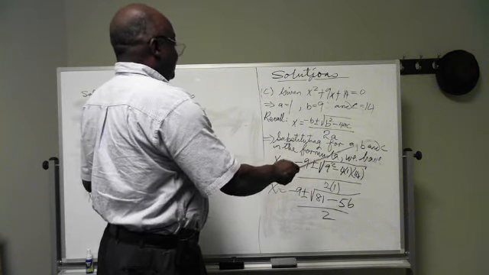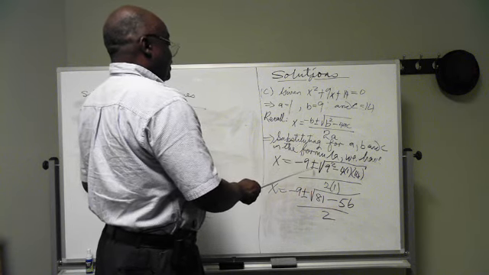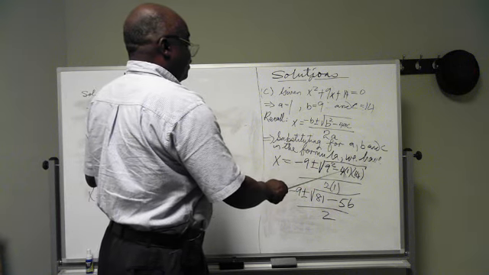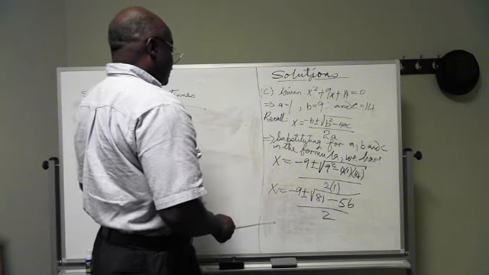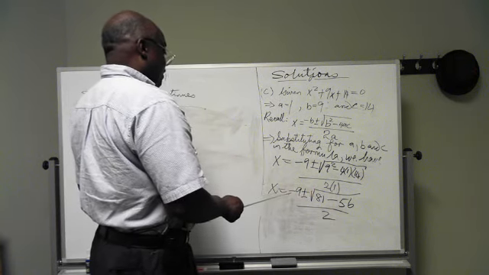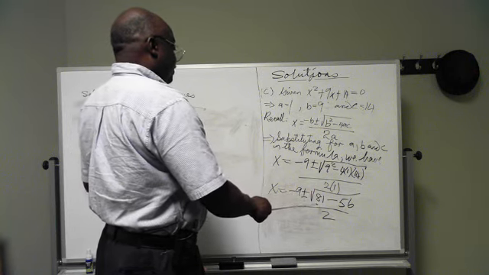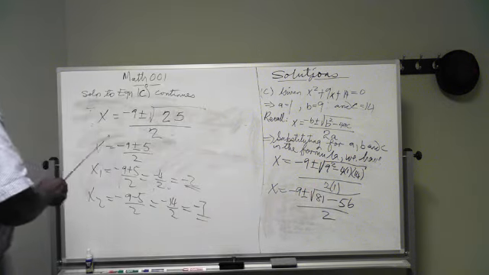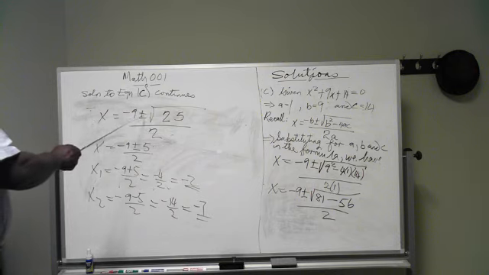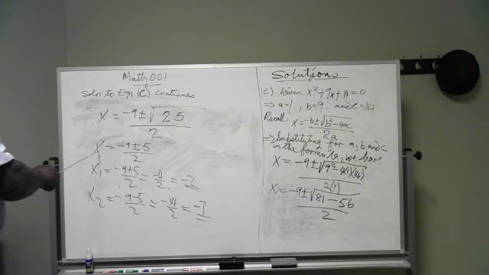Substituting for a, b, and c in the formula, we have x equals minus 9 plus or minus the square root of 9 squared minus 4 into 1 into 14, all over 2 into 1, which is equal to x equals minus 9 plus or minus the square root of 81 minus 56 over 2. And that results in x equals minus 9 plus or minus the square root of 25 over 2, or x equals minus 9 plus or minus 5 over 2.